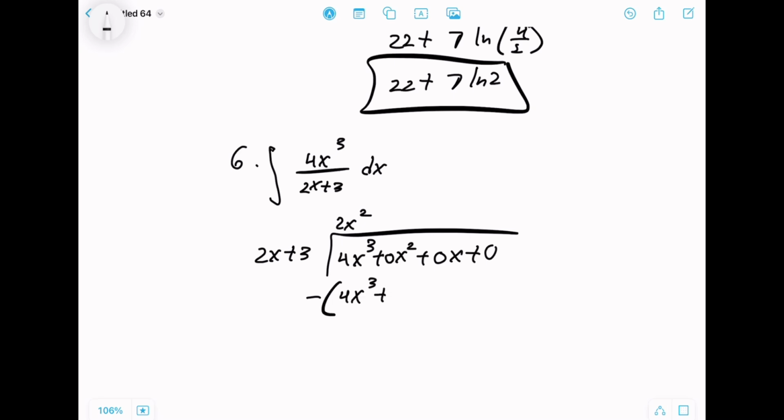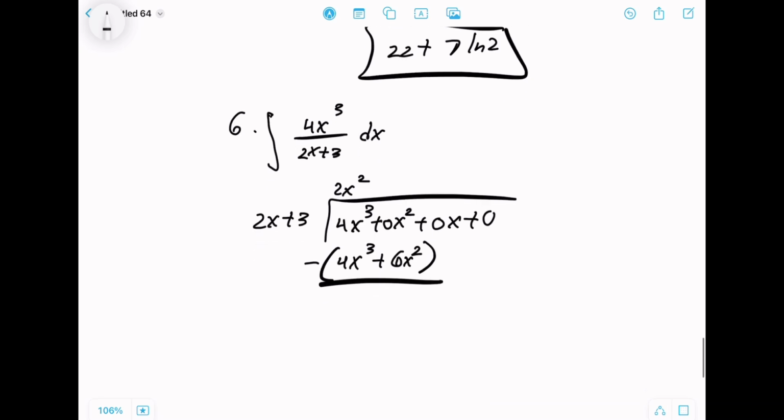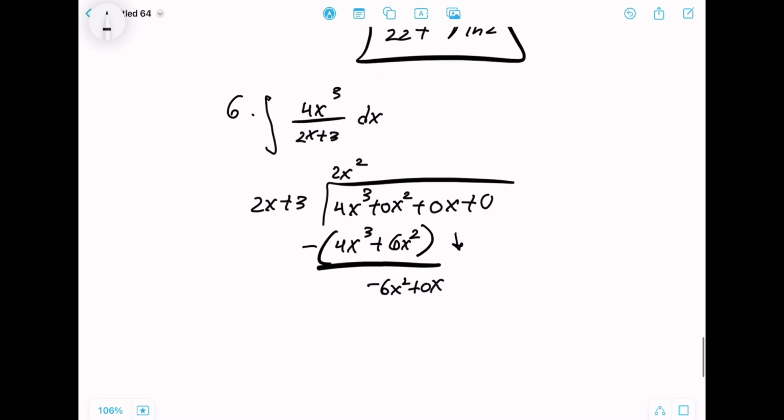So this is going to be plus 6x squared. So then I get minus 6x squared, and I carry down a 0x. So now I'm going to have to find out what number multiplied by 2x gets negative 6x squared. That's going to be negative 3x.